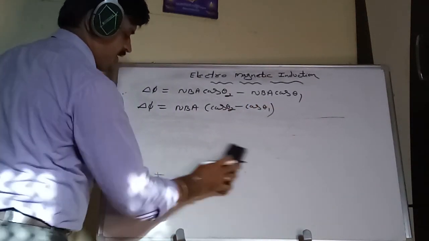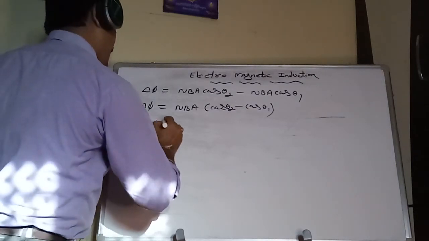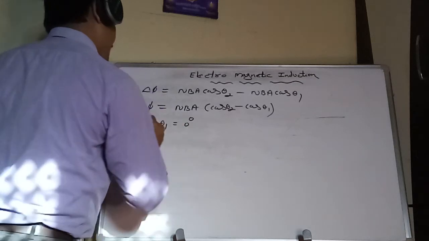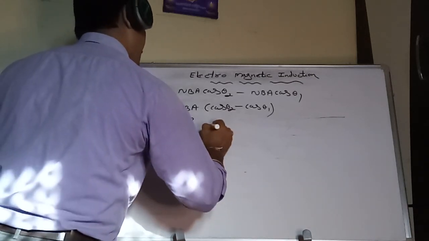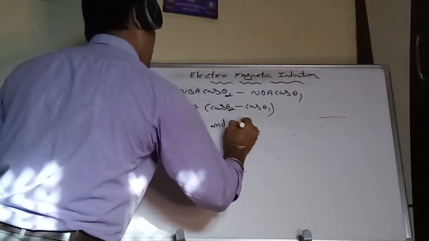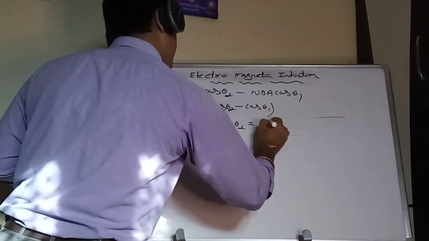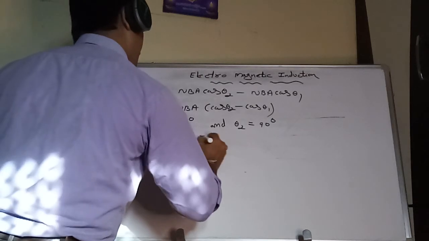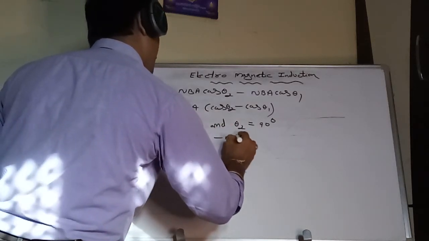Here case 1, case 2, case 3. In case 1, theta 1 equal to 0 degrees and theta 2 equal to 90 degrees. That gives delta phi equal to minus NBA.